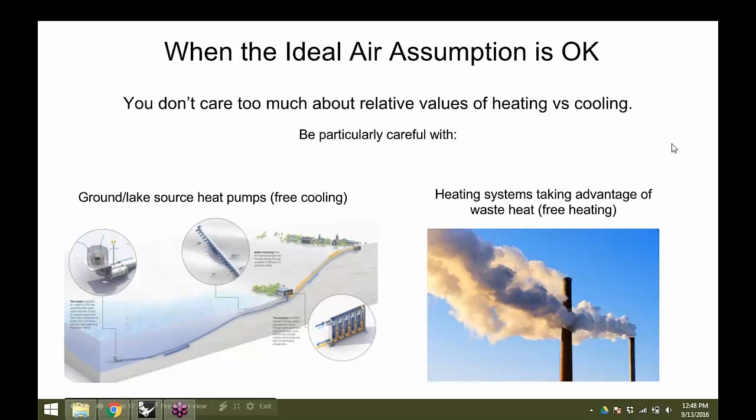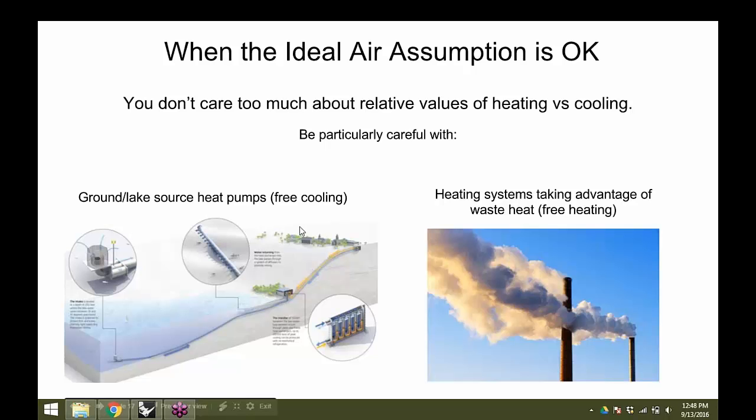Just to warn you, the cases that have been most difficult for me are those where some types of heating and cooling systems have wildly different values. It can be much more difficult to heat a space than to cool it, or vice versa. It can be much more difficult to cool a space than to heat it.